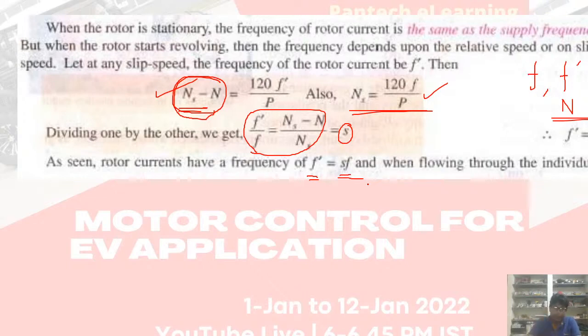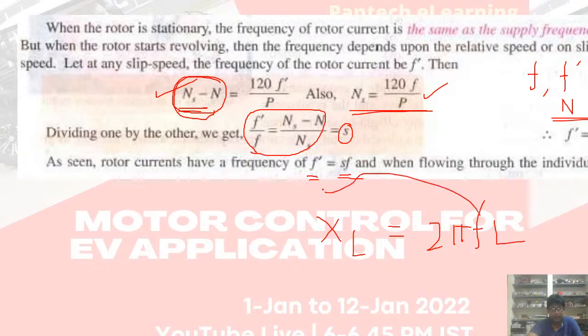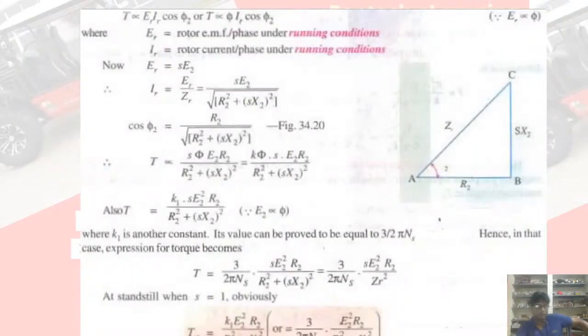The reactance of an inductance depends on the frequency, correct? So I have to consider this frequency here, which will be slip times the power frequency. To establish that, this is required.